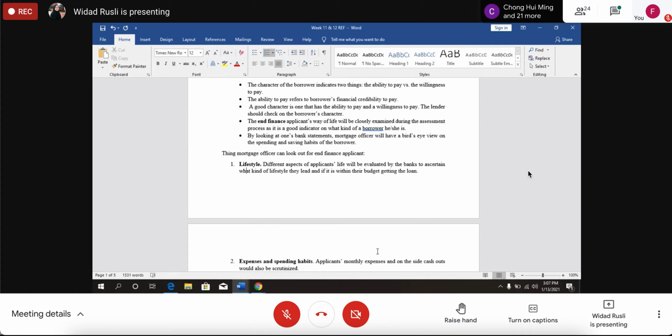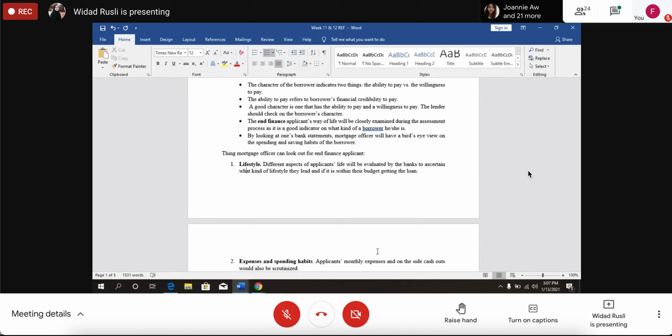Okay, tolong jawab. For the character, right? So, how would I instruct the mortgage officer to conduct the task in helping the final decision? First of all, we need to check the character of the borrowers, which is the capability of the borrowers to pay and the source of the payment, the willingness to pay too.